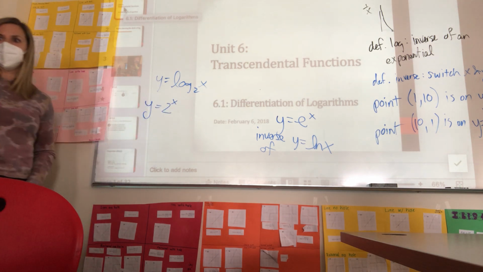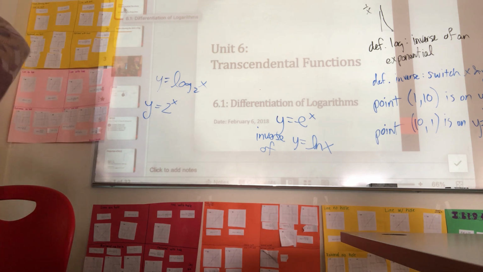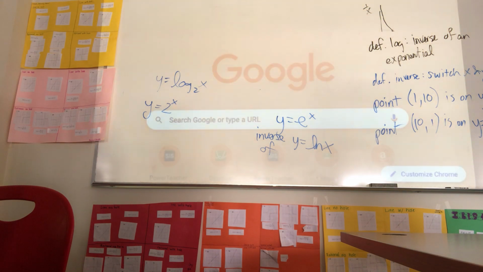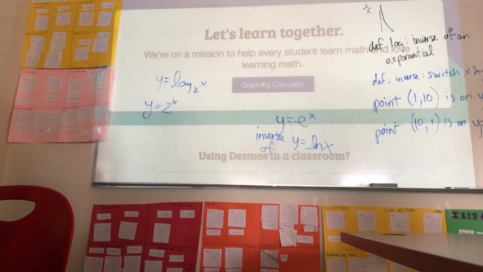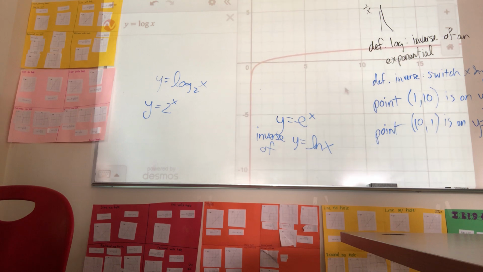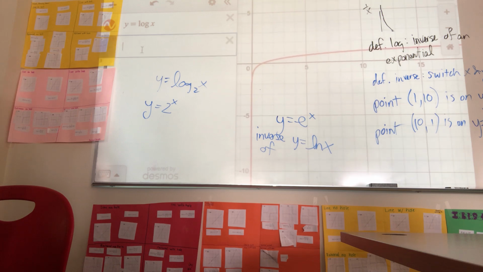So these all have different growth rates. If I have y equals log of x, see how flat it is? Because y equals 10 to the x grows very quickly.